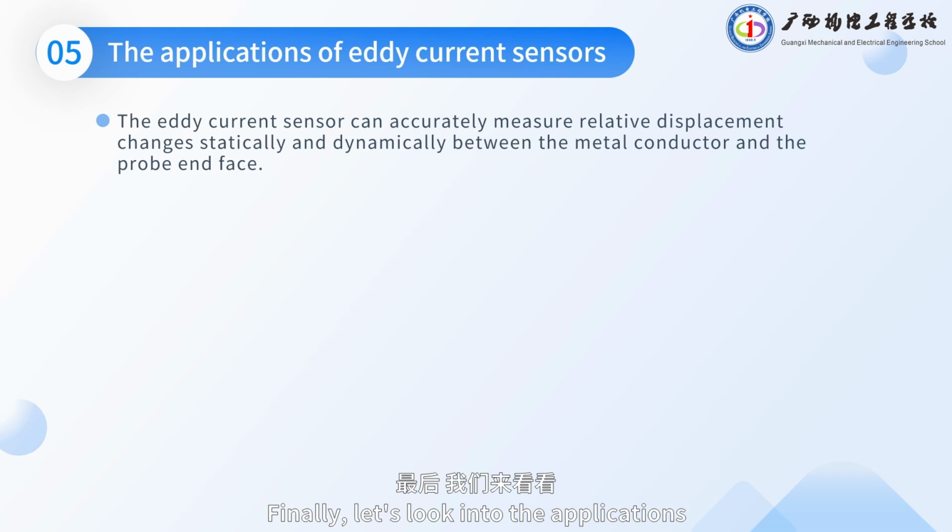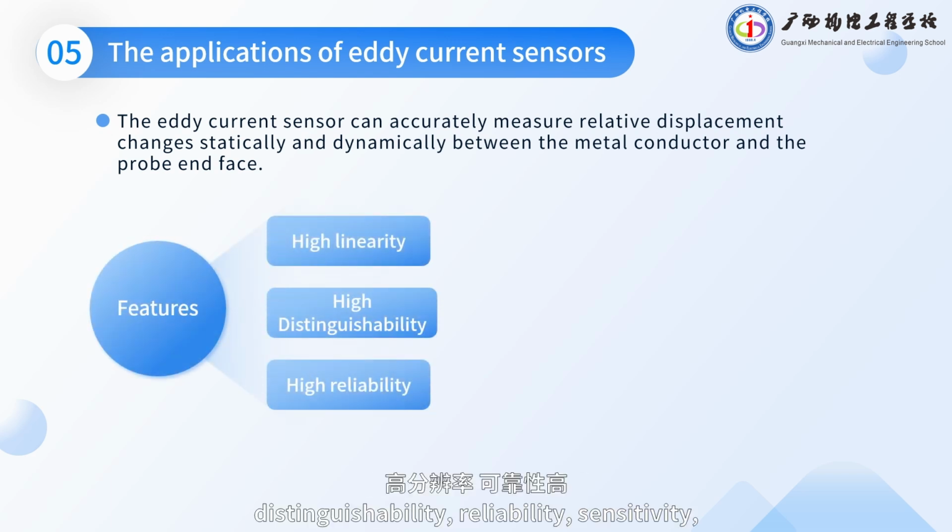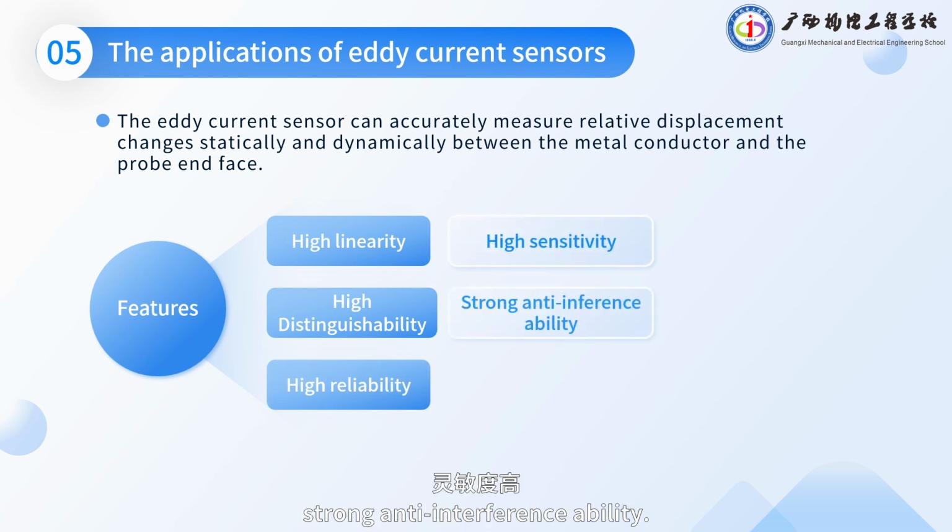Finally, let's look into the applications of eddy current sensors. The eddy current sensor can measure the relative distance between the measured body, which must be a metal conductor, and the probe surface statically and dynamically without contact. It has characteristics of high linearity, distinguishability, reliability, sensitivity, and strong anti-interference ability.